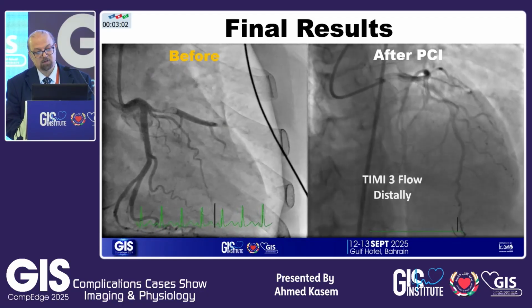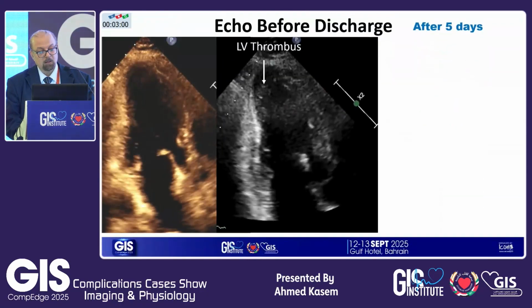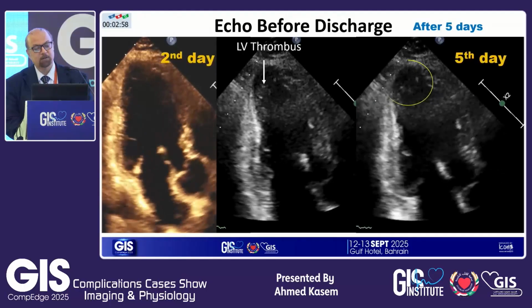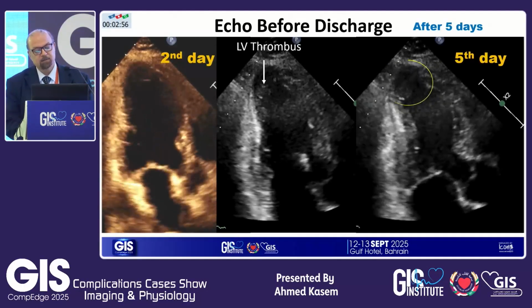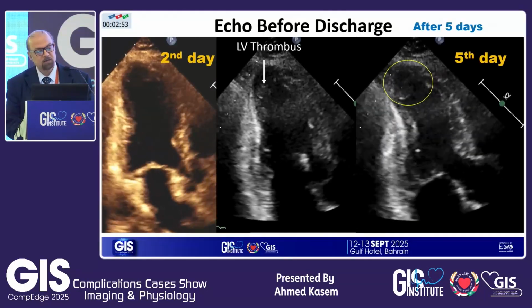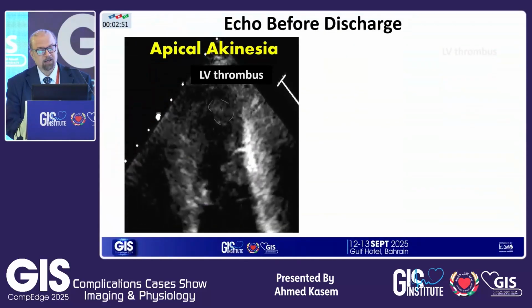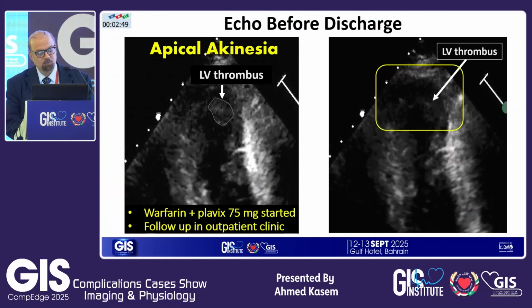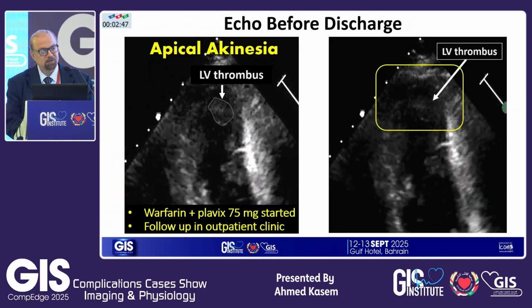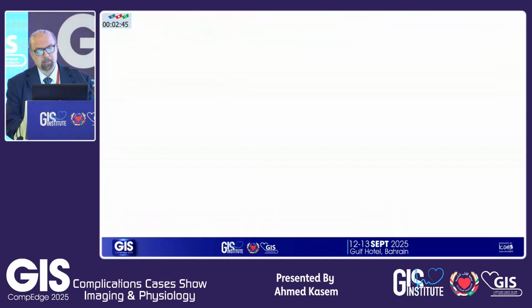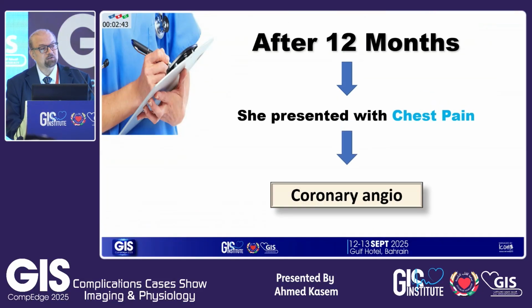And this is before, this is after. Echo was done for this patient on admission, and again 5 days before discharge. We discovered there is LV thrombus, and we gave her Plavix, warfarin, and follow up with me as outpatient. But this patient, after 1 year, had chest pain.